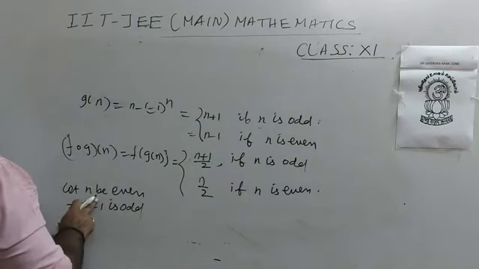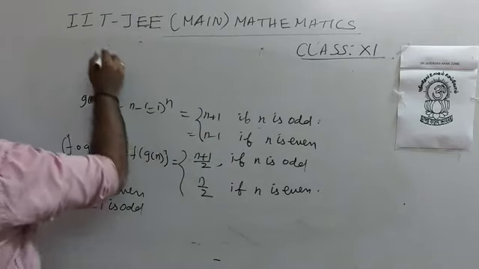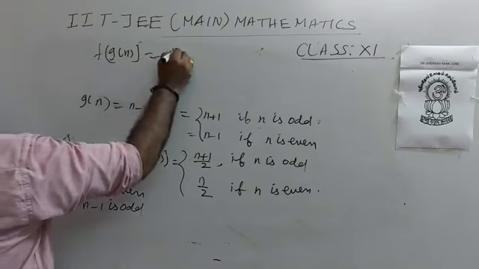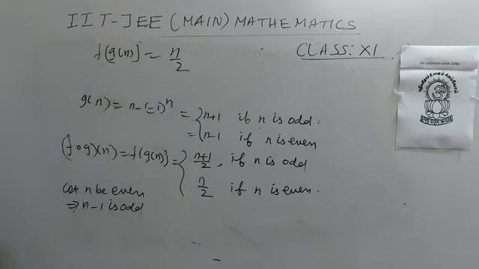When n is even, f of g of n equal to n by 2.